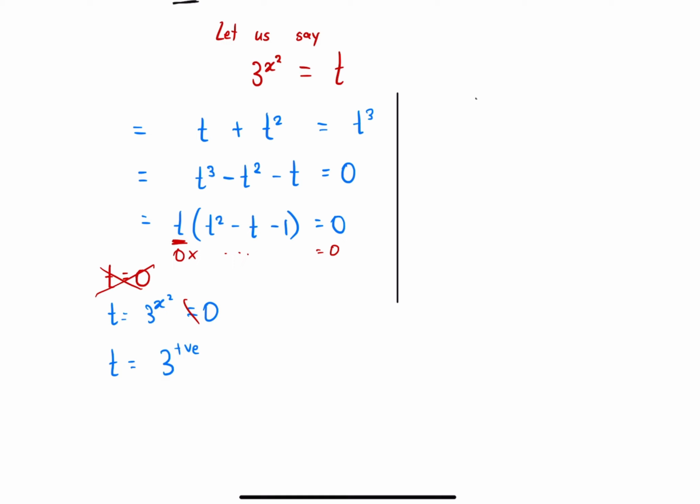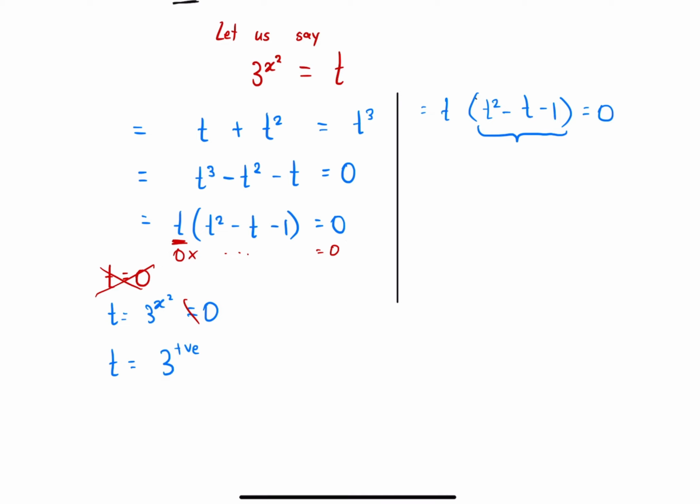Well, our equation is t times (t squared minus t minus 1), which gives us 0. But now if you look at it, you'd see that this is a quadratic equation.